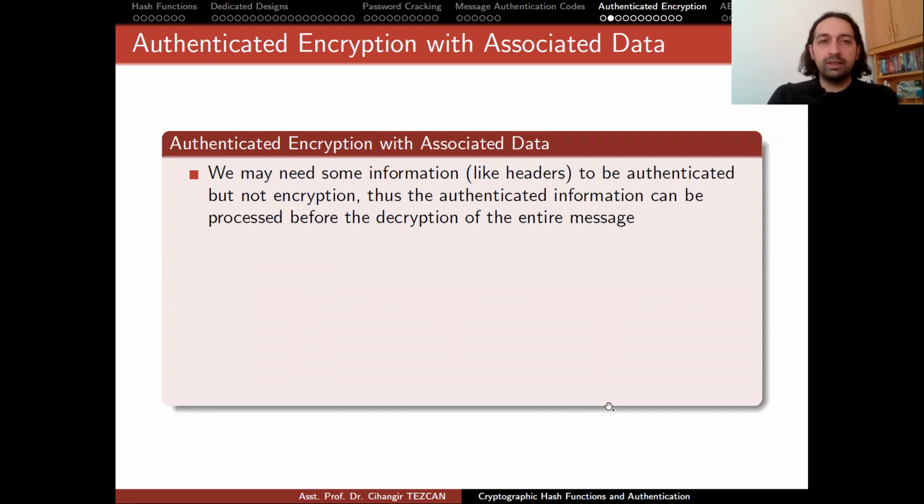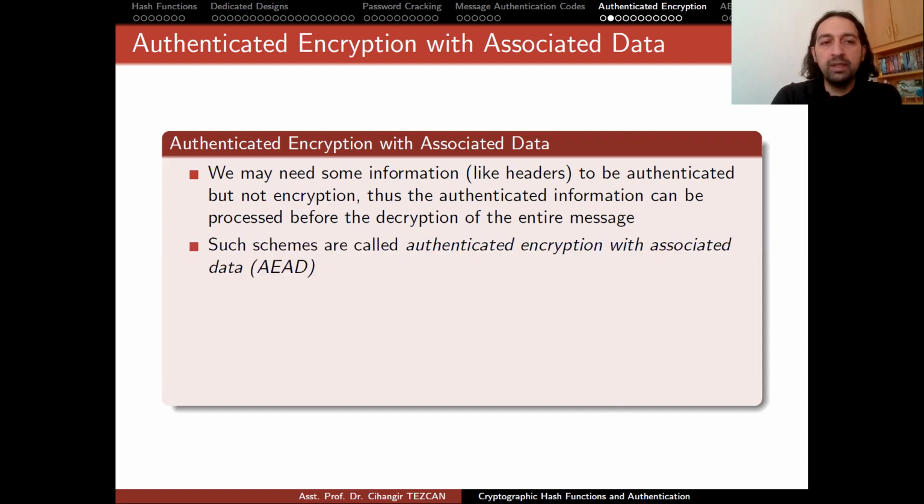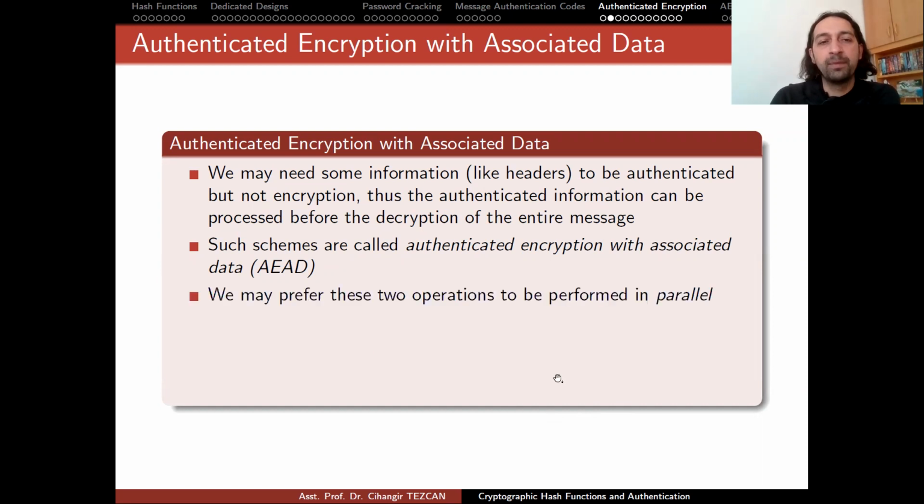Let's talk about associated data first. We may need some information like headers to be authenticated but not encrypted. Thus, the authenticated information can be processed before the decryption of the entire message. Such schemes are called authenticated encryption with associated data, shortened as AEAD.